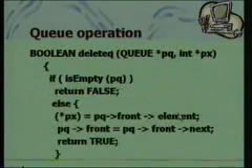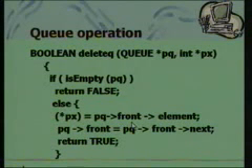Now let's move to another function, what we call delete queue. This is the most important function, delete queue and push queue or add queue. For delete queue, if the queue is empty, there is nothing to do, you can't do anything. Otherwise, this statement says that I am deleting the element from the queue pointed to by the front of the queue data structure by PQ and assigning it into the location pointed to by PX.